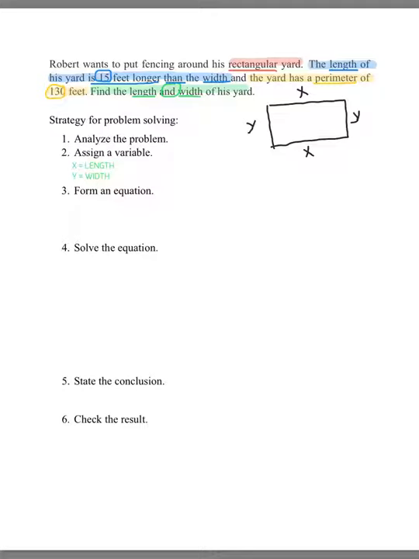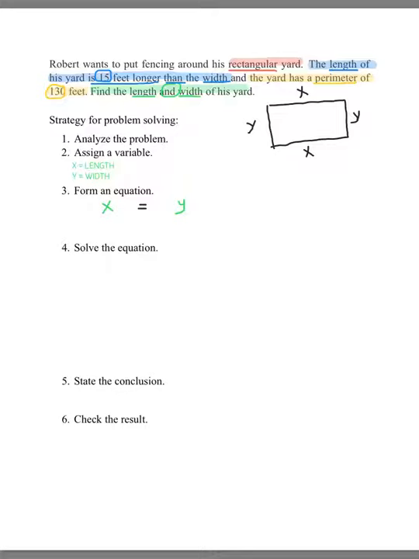So I'm going to go ahead and start by creating an equation with the variables x and y. Now it says that the length is 15 feet more than the width. So the length is represented by x, and x is larger than the width.